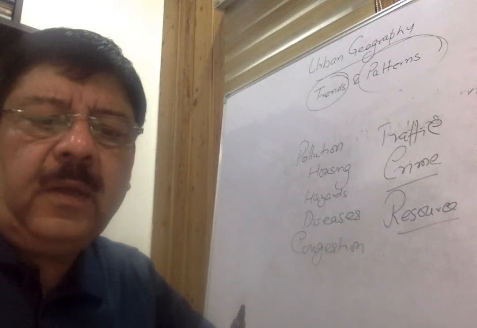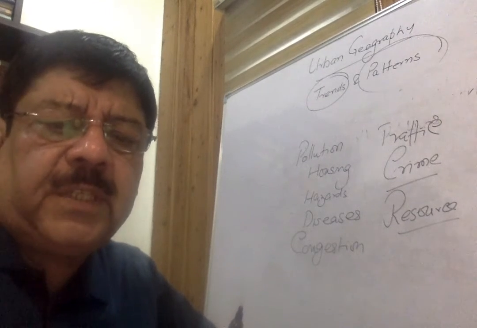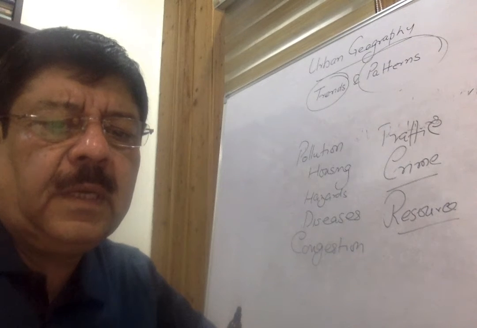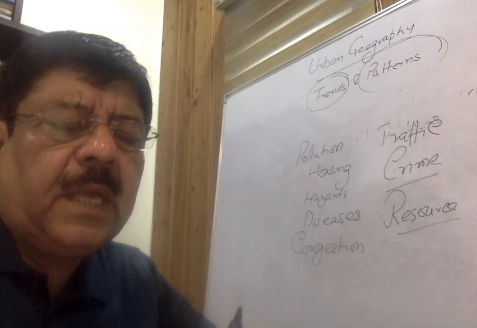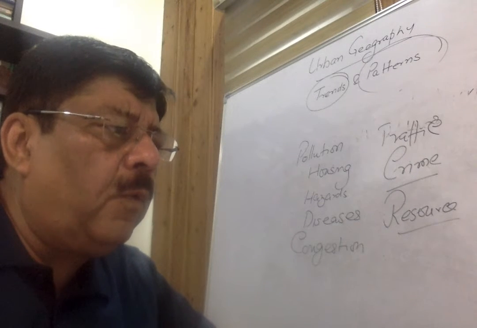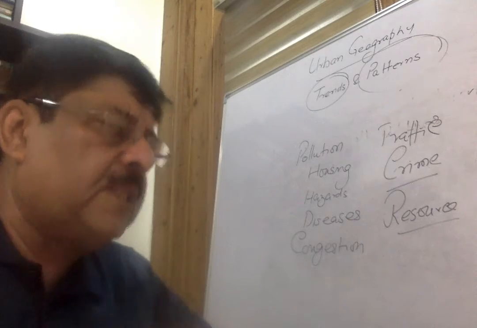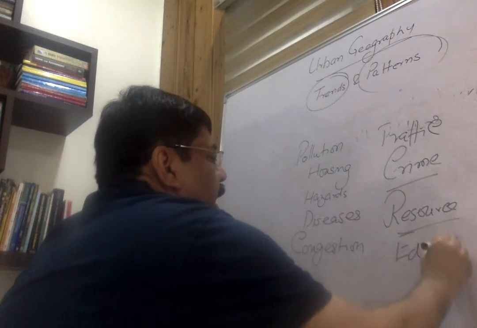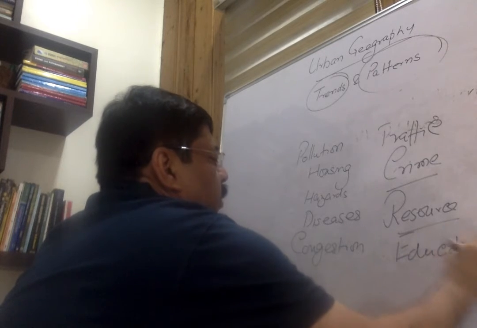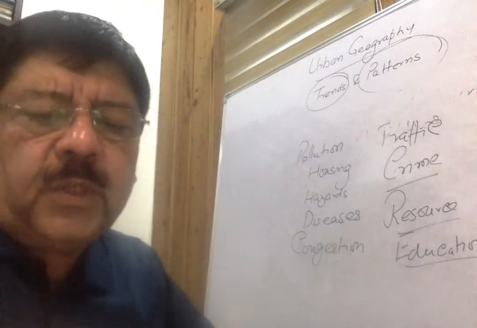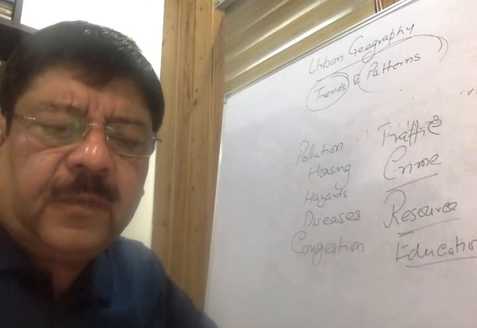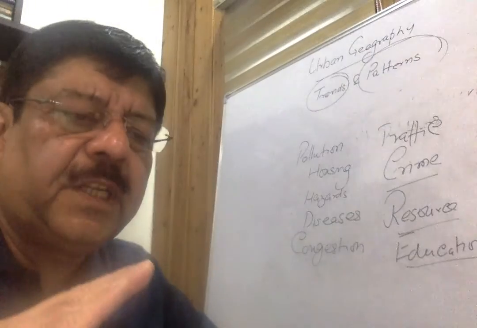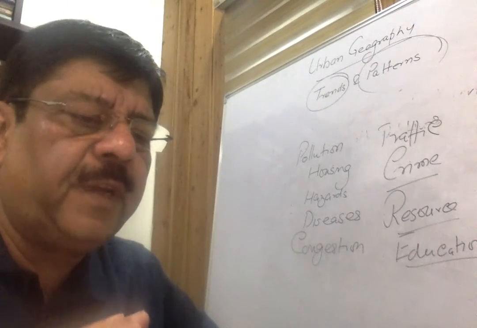Any other patterns? Urban areas are the more GDP contributing areas, and have better medical and education facilities. Where do most of the urban dwellers live? In what type of cities are most of the urban people living?